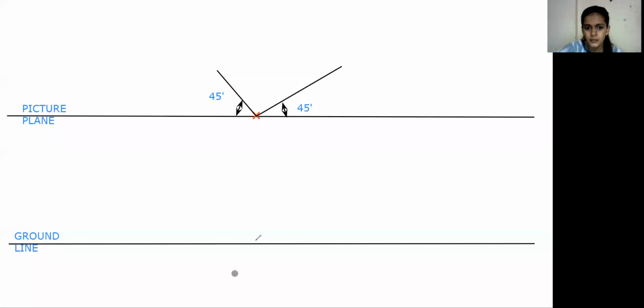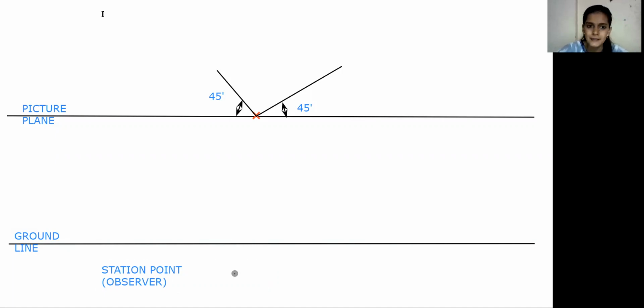It's observer or a station point. What is the observer? Or looking at the object. If we are looking at the object, we are observing. If we are going to capture a photo from a camera, then the camera lens is the observer, right?